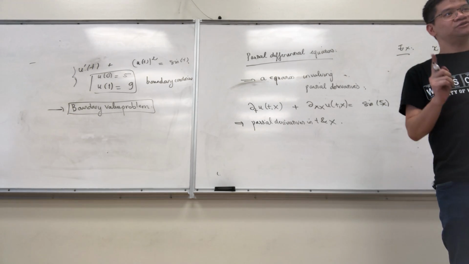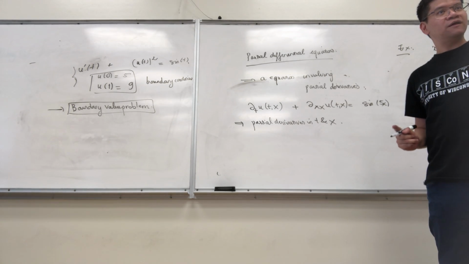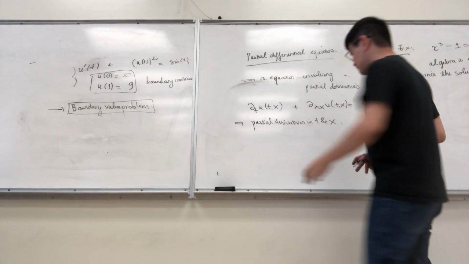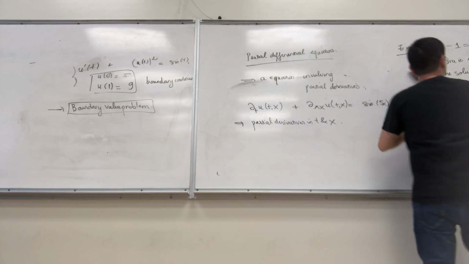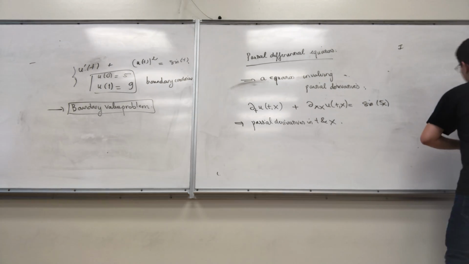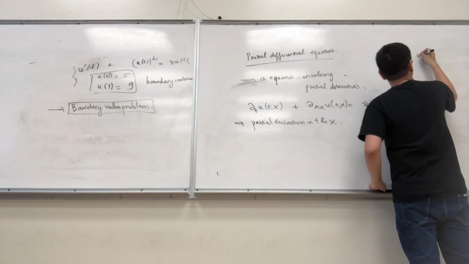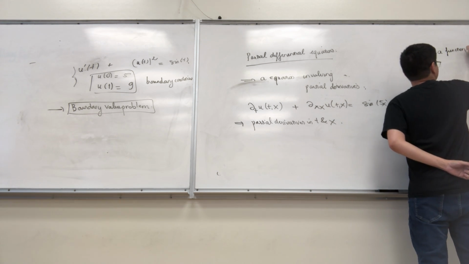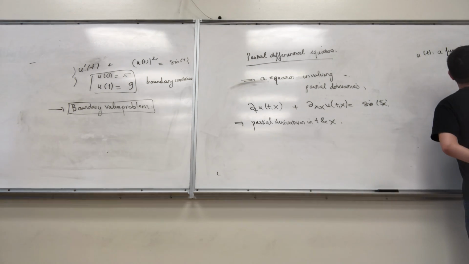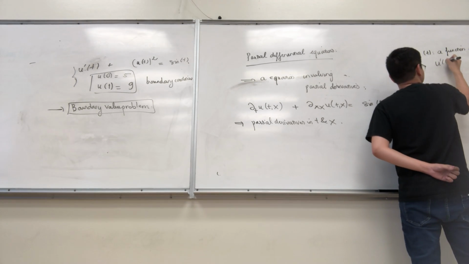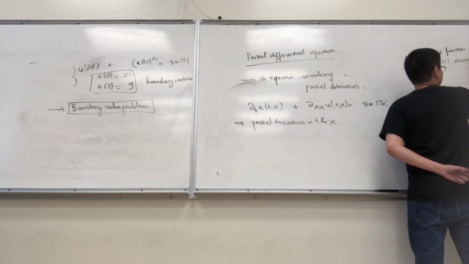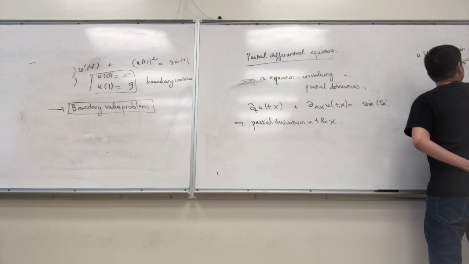So if you have a function of only one variable, the derivative is just a derivative, right? So if u(t) is a function of one variable, then u prime of t is the derivative of u in t.